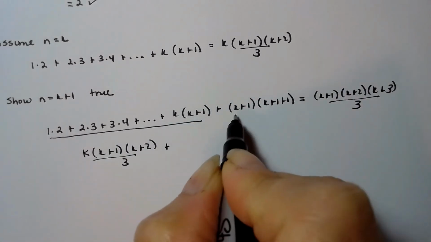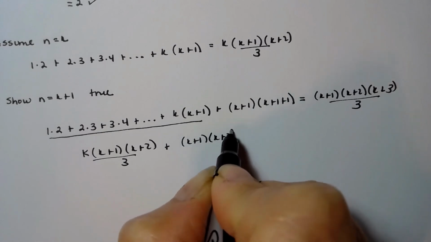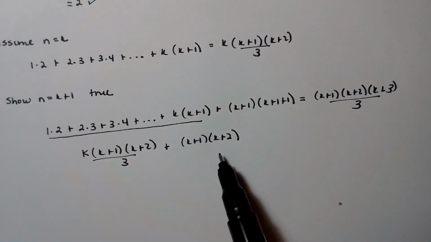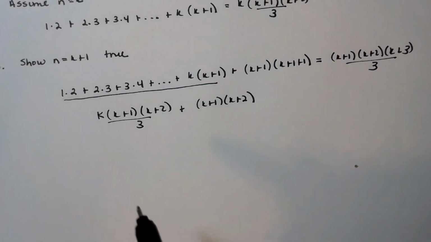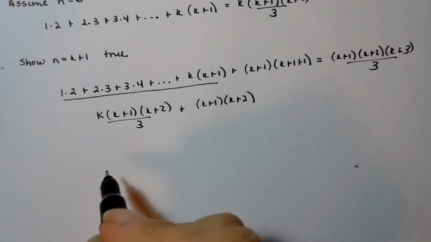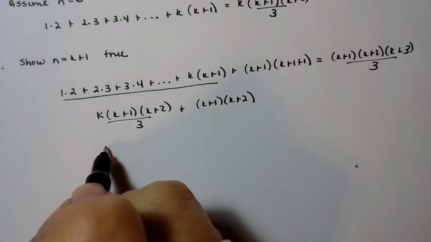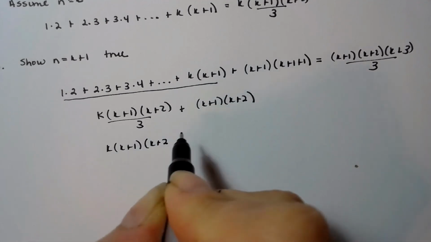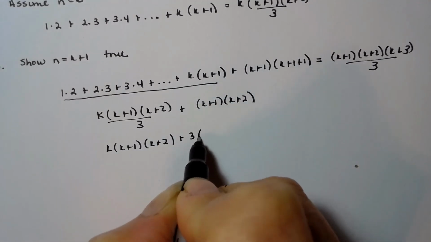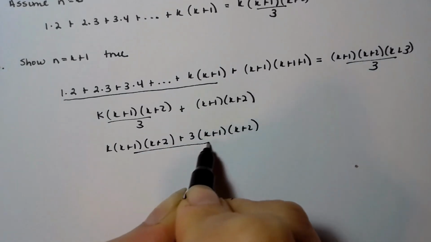I'm not going to forget to add this part. And essentially, I'm just going to work on the left-hand side to see if I can get it to look like the right-hand side. So, again, I'm going to put this all over a common denominator because that's what's going on here. So I have k times k plus 1 times k plus 2 plus 3 times k plus 1 times k plus 2 all over 3.